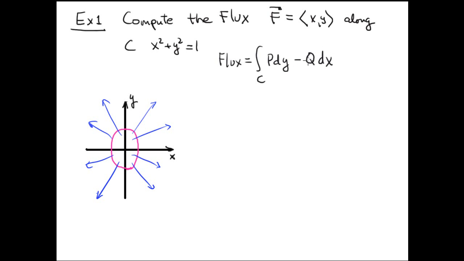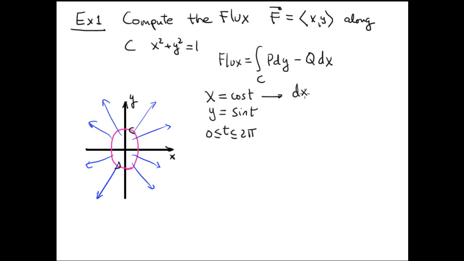Well, I propose parametrization of the circle. Parametrization is the best option. Then x is equal to cosine t, y is equal to sine t, and t varies between 0 and 2 pi. I suppose this orientation is counterclockwise.